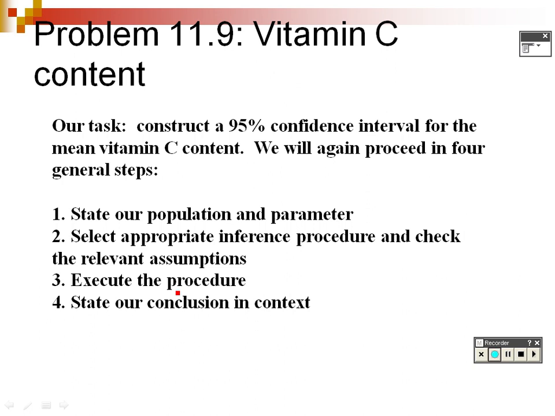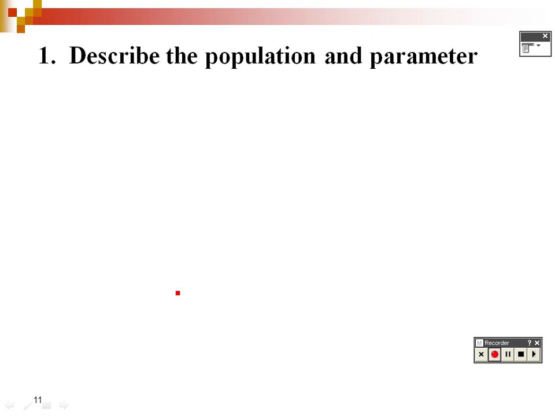Okay, so let's assume that you've got an idea of the problem. We want a 95% confidence interval for the vitamin C content. So describe the population and the parameter.